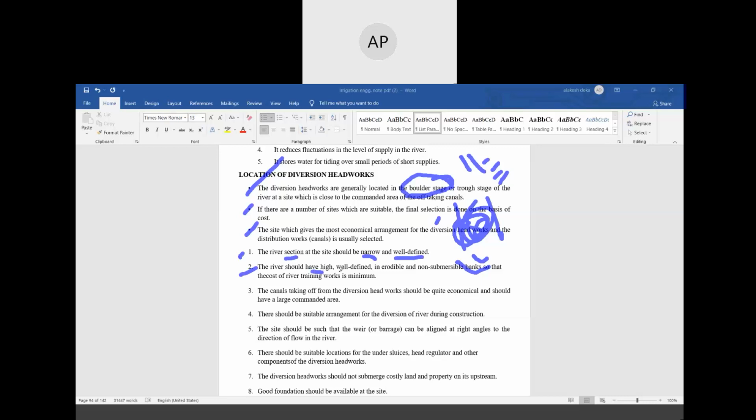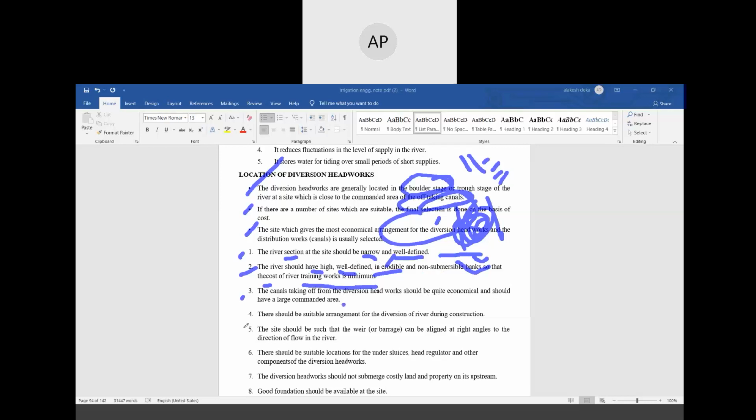The river should have high, well defined, inerodible, and non-submersible banks so that the cost of the river training works is minimum. So we have to construct diversion headworks in those stages where the river has inerodible, non-submersible banks.